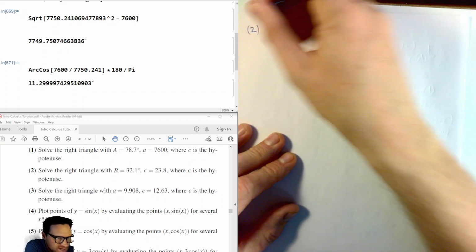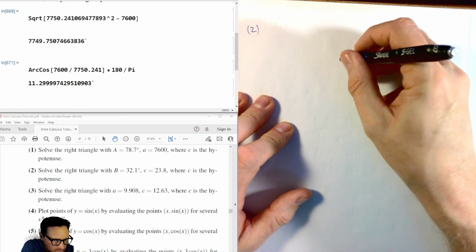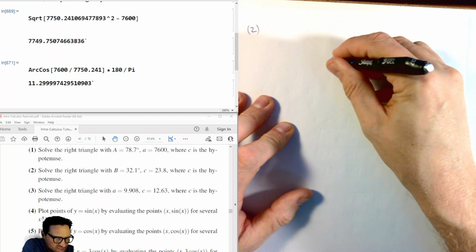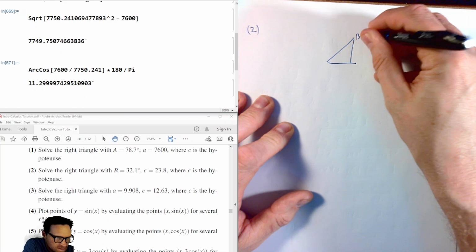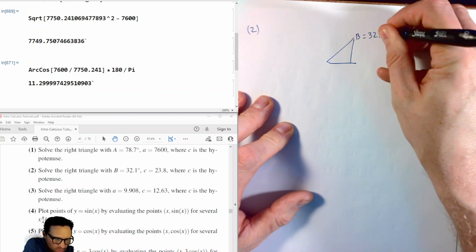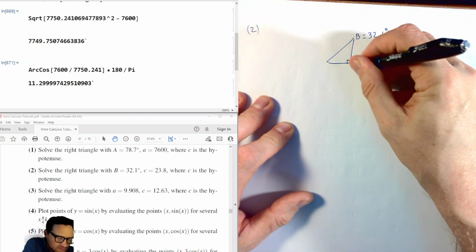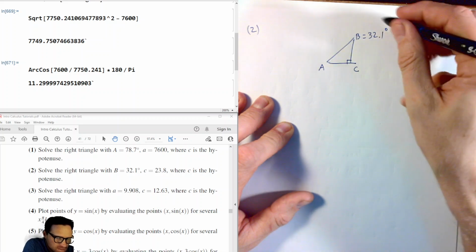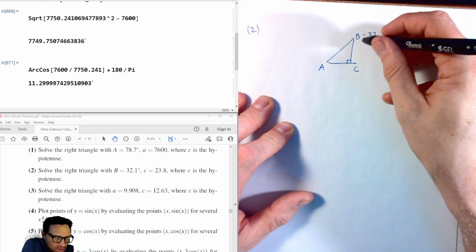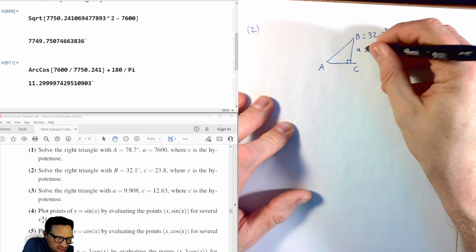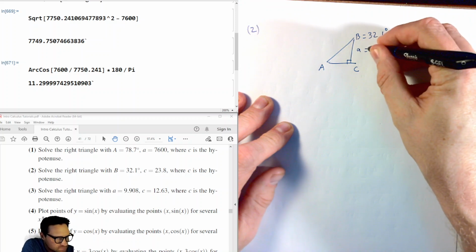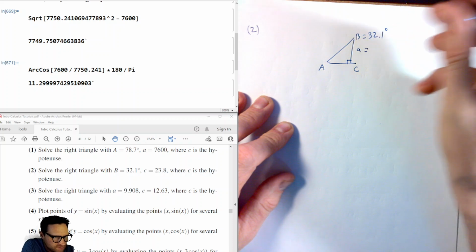So solve the right triangle with B equals 32.1 degrees. A is something we've got to find.